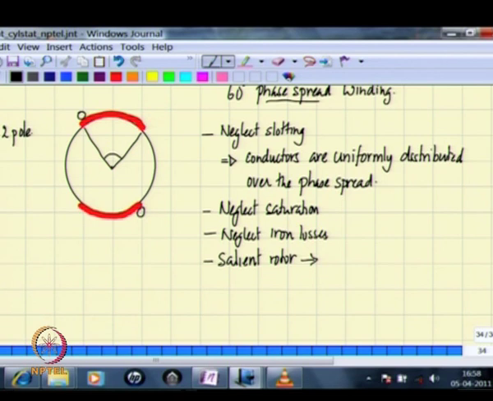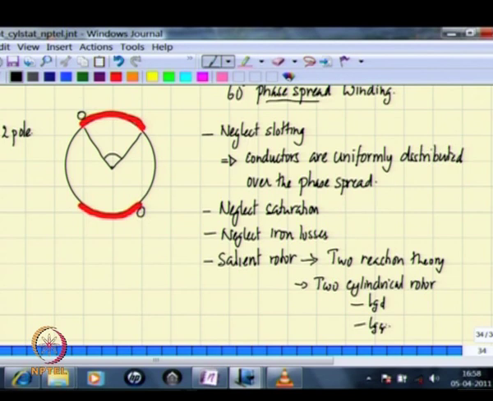And we have seen how we handled this in the earlier case. We resorted to two reaction theory, so we will use the same thing here also. This implies that you look at the salient pole rotor structure as having been decomposed into two cylindrical rotor structures, one having an air gap LGD, another having an air gap LGQ.